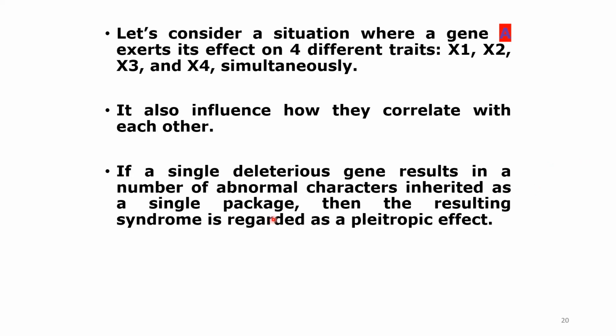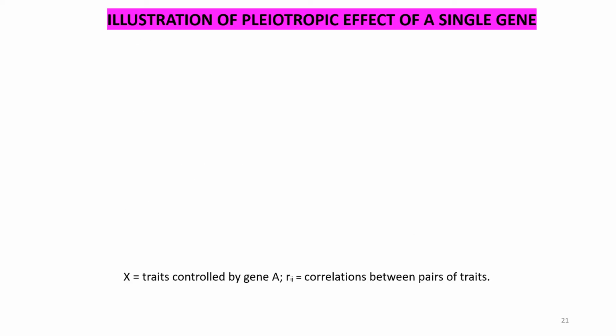If, for example, there's a single deleterious gene which results in a number of abnormal characters inherited as a single package, where one gene results in different abnormal characters, all inherited as a result of its manifestation, then we refer to such a syndrome as a pleiotropy effect.